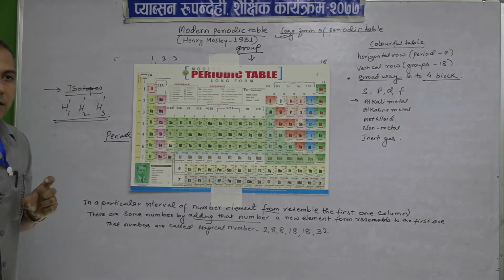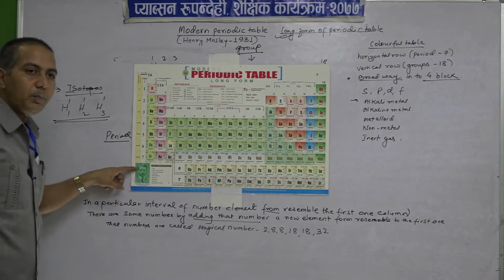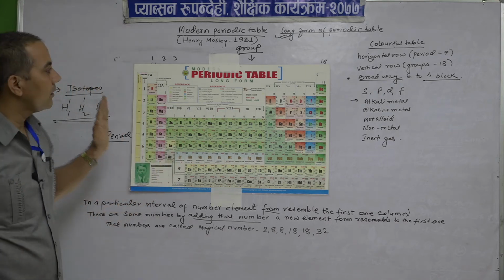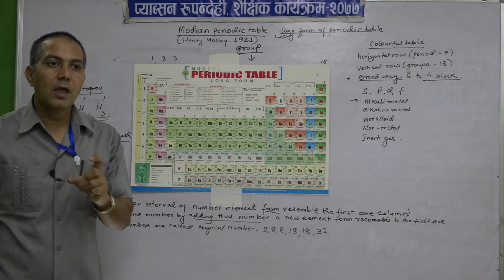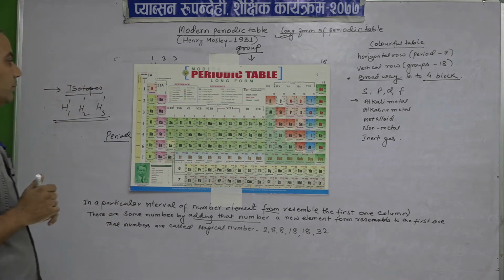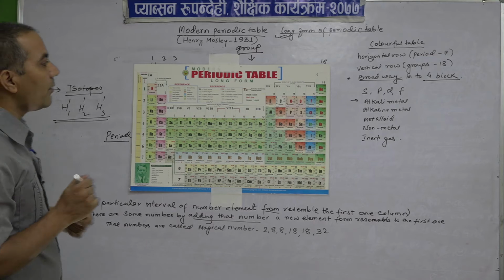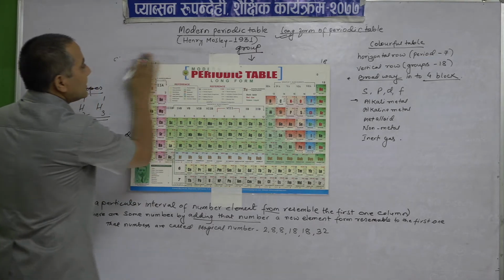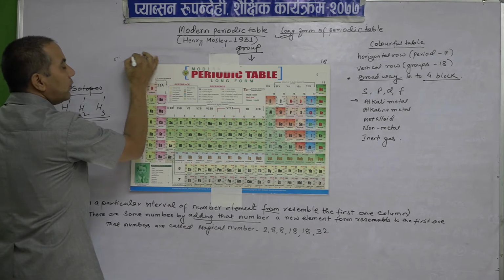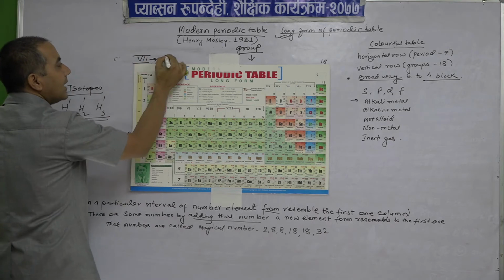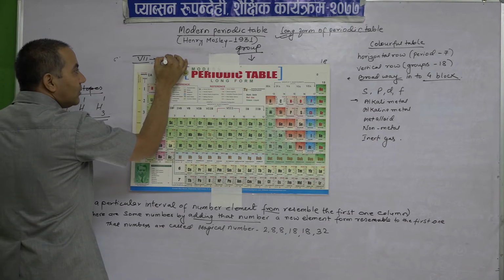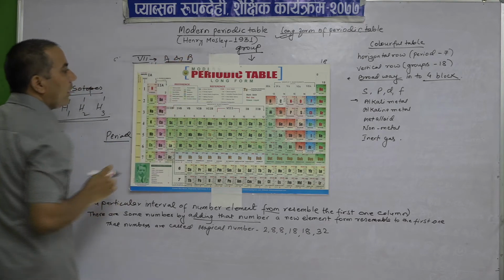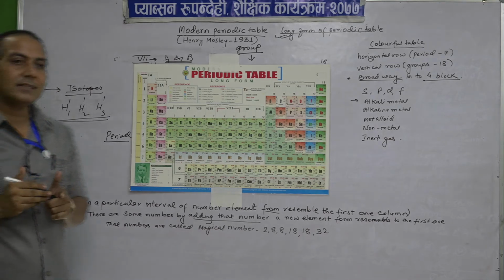There are 7 periods. And how many groups? There are 18 groups. Out of these 18 groups, 7 groups have subgroups A and B.